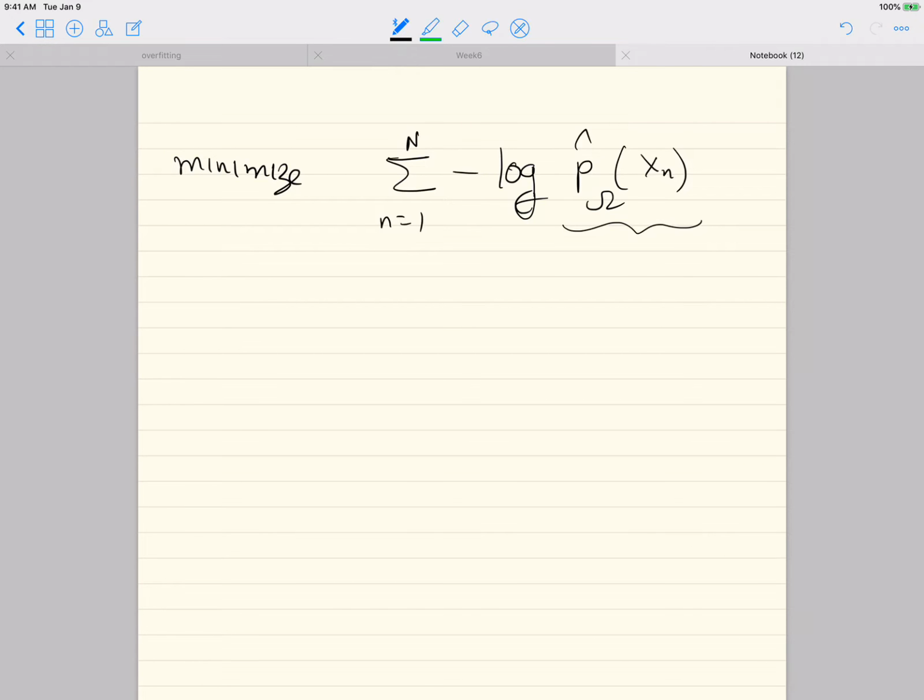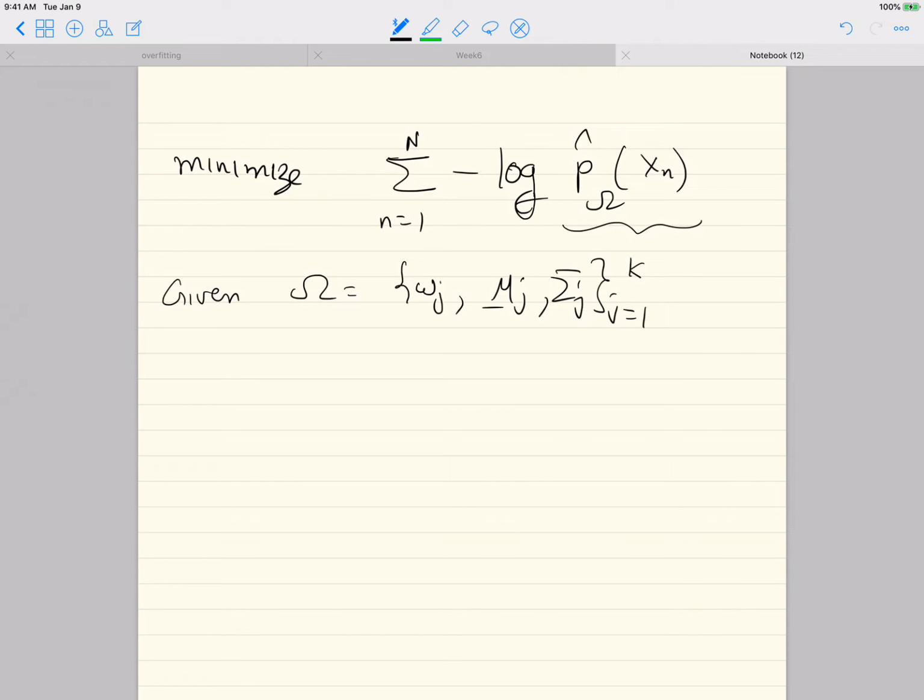Who can tell me what the value of this is? Anyone tell? Suppose I am given my model parameters. What is p hat omega of xn? Yeah?